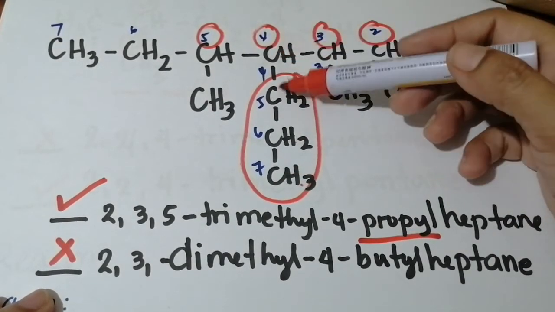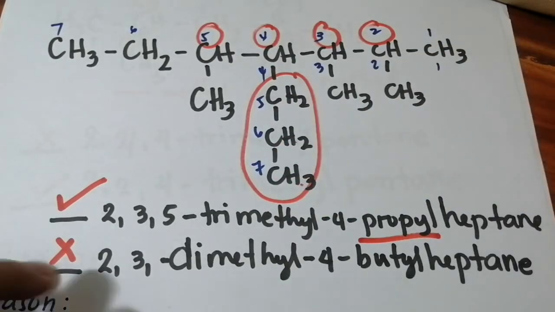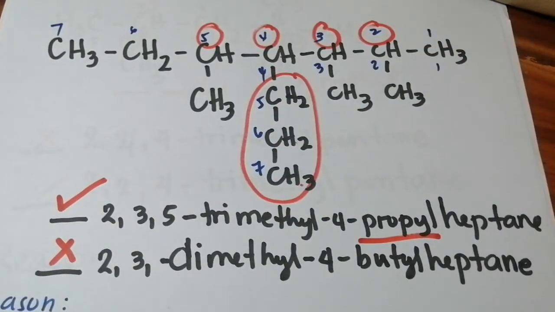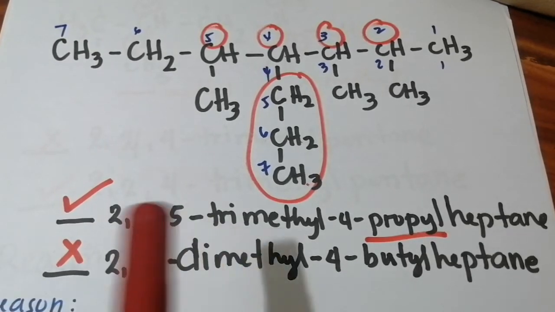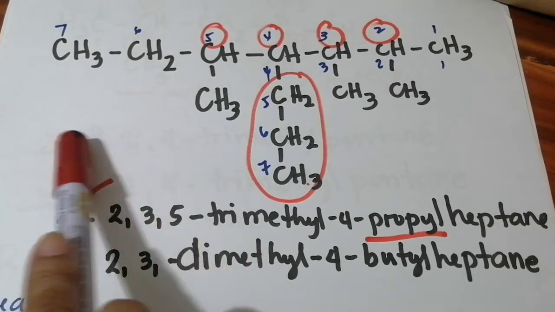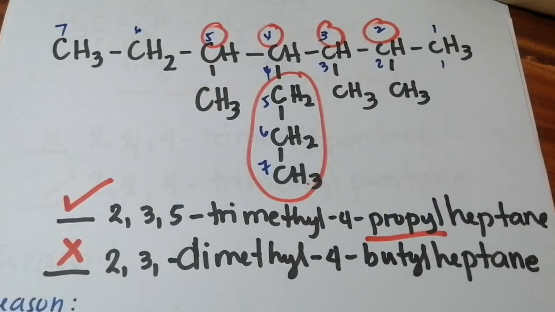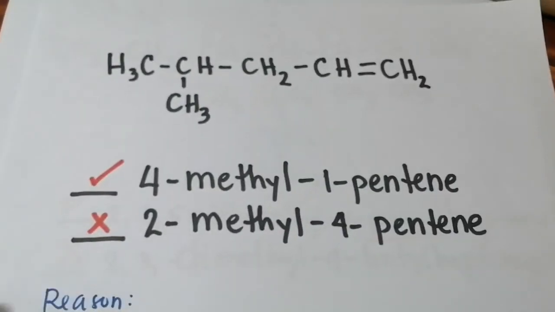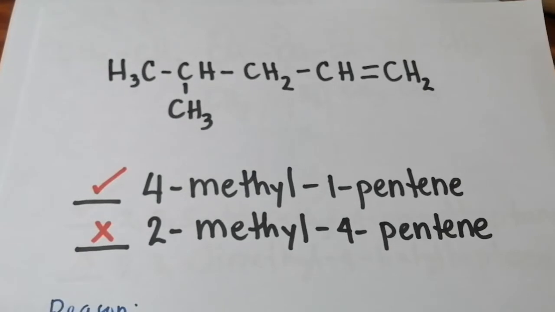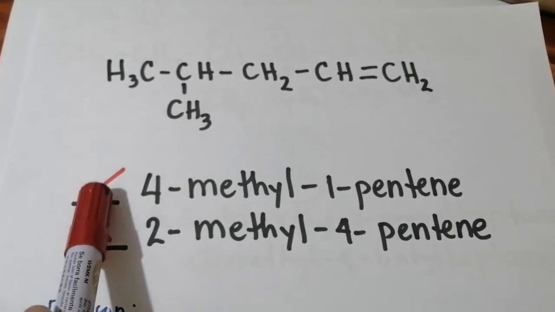This fourth carbon here has a 3-carbon branch. That's the reason why this is the correct name of this molecule. Do you understand? Okay, next. What about this one? Why is this the correct answer?